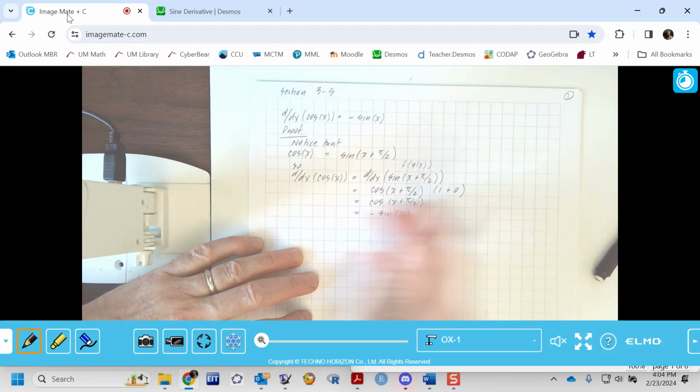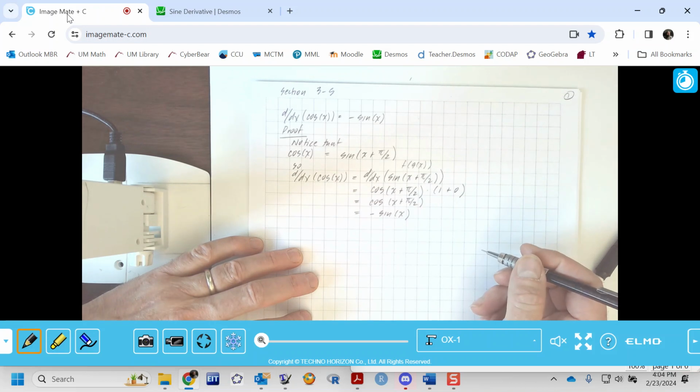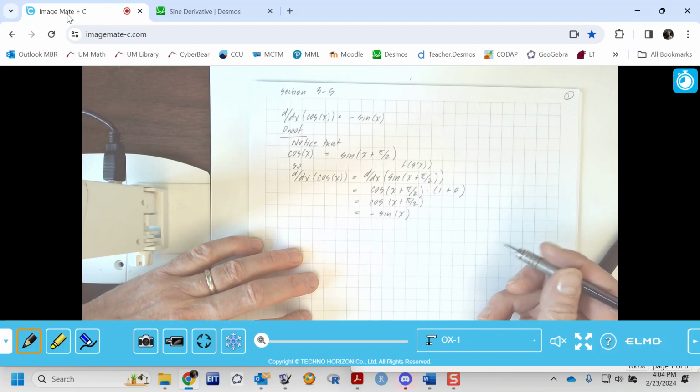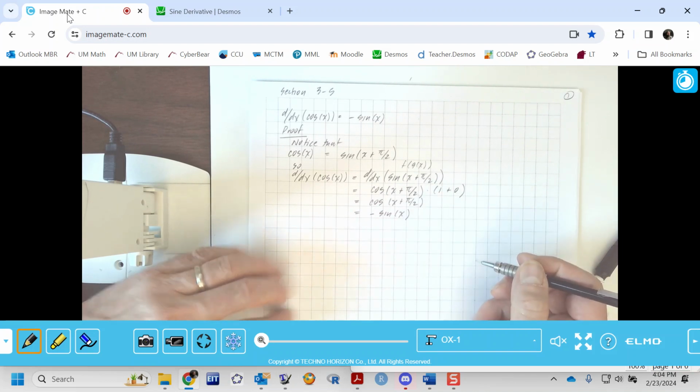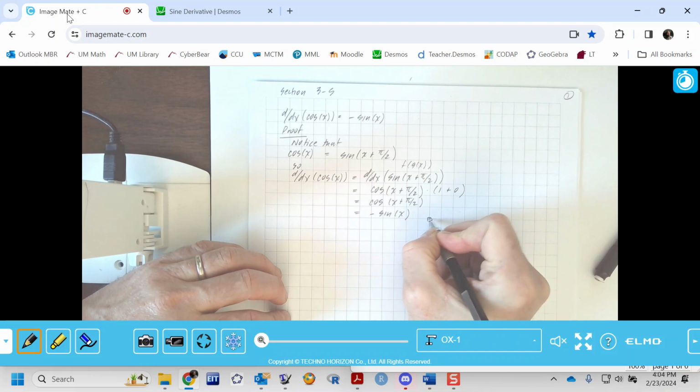So in other words, what that does is just shift the cosine graph pi over 2 units to the left, and you end up with a sine graph that's been reflected across the x-axis. So that is the idea, and we've proven the statement.